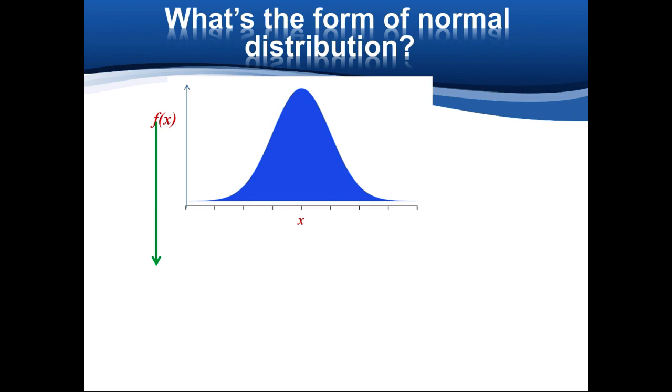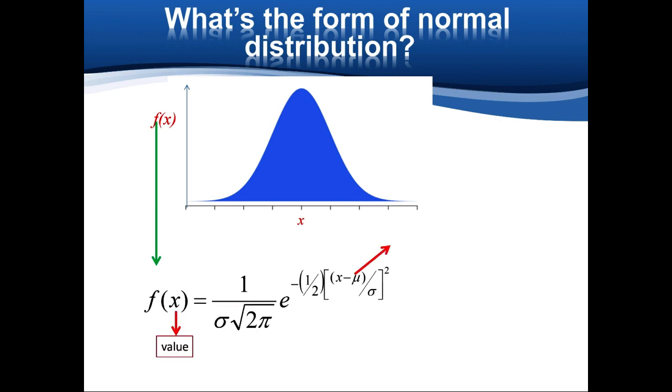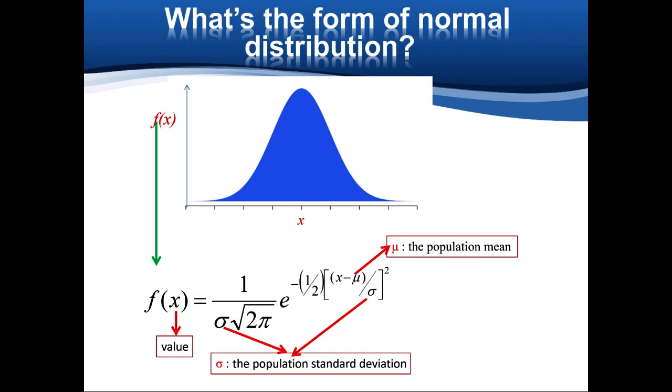Here is the formula for the normal probability distribution, where x is the x-axis value. Mu is the population mean. Sigma is the population standard deviation.